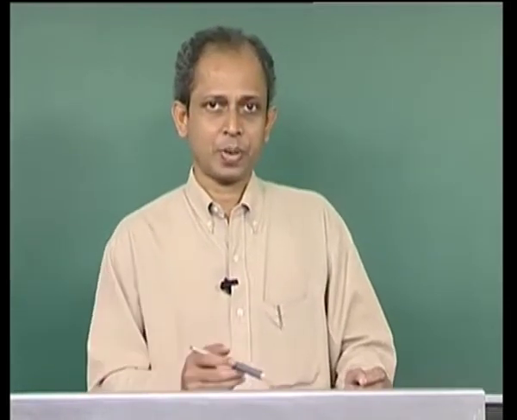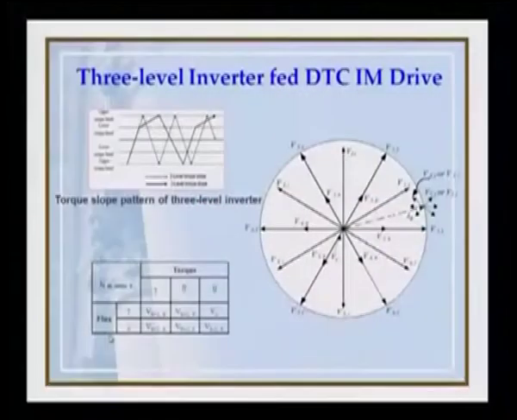Similarly, we can think of a situation where we want to reduce the flux. We want to reduce the flux but increase the torque. This is the second situation here. We will have Vk plus 2h.